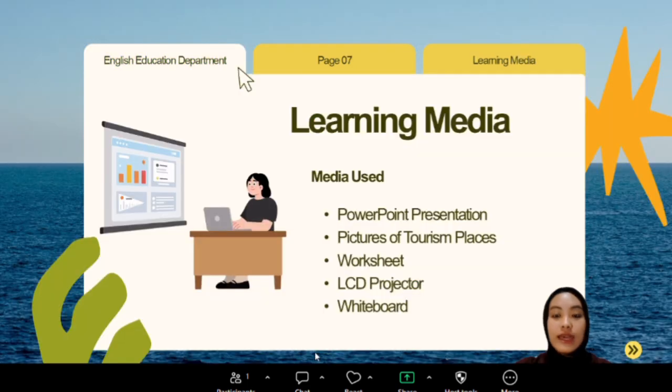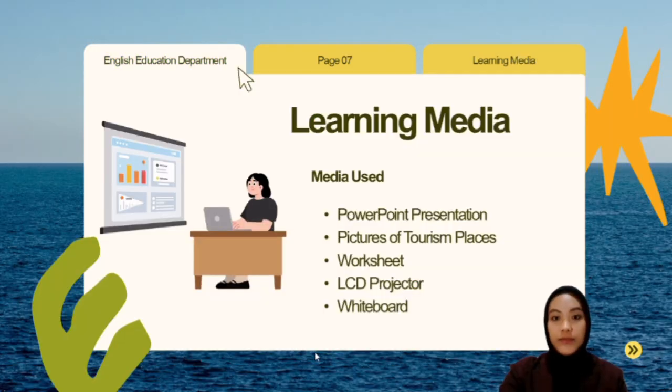And the next slide is about learning media. Several learning media are used to support the teaching and learning process. These include PowerPoint presentation, pictures of tourism place, worksheet, an LCD projector, and whiteboard.